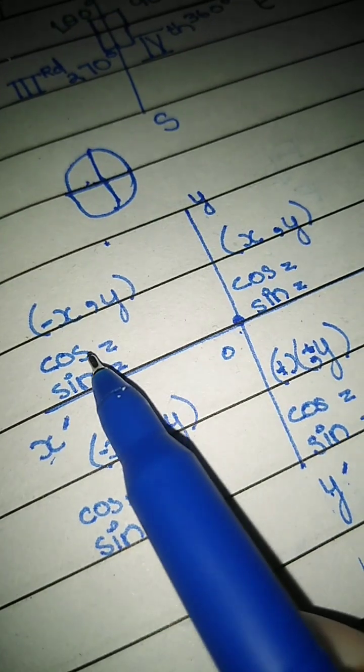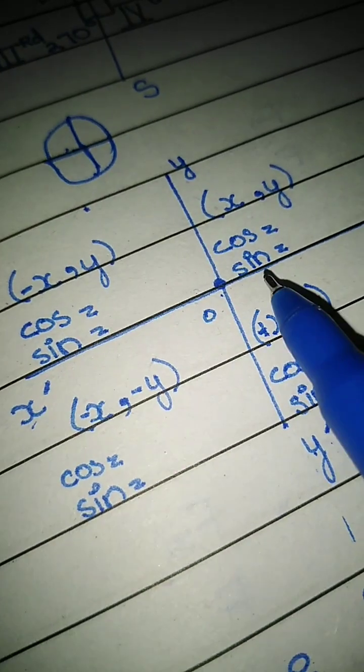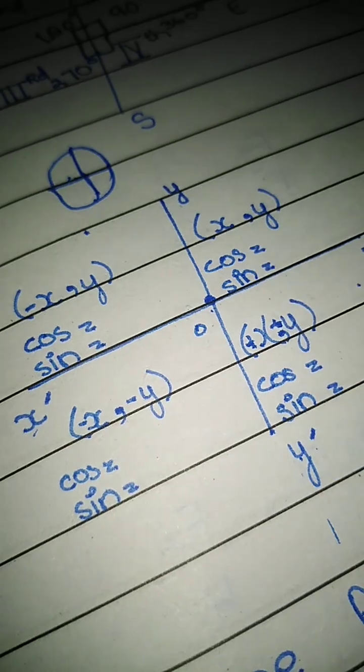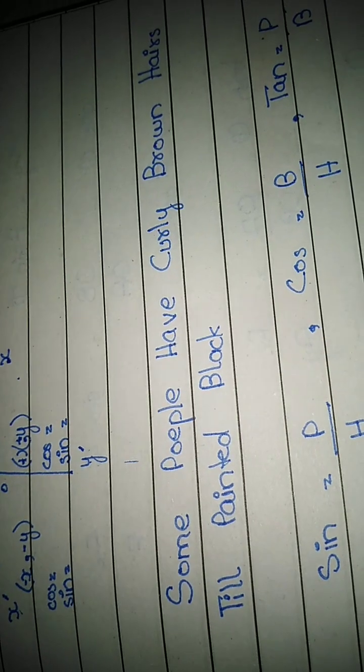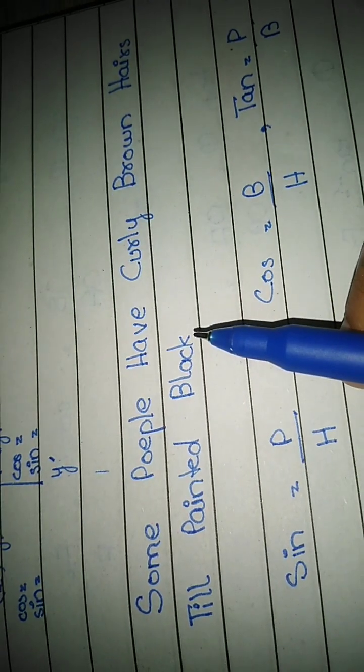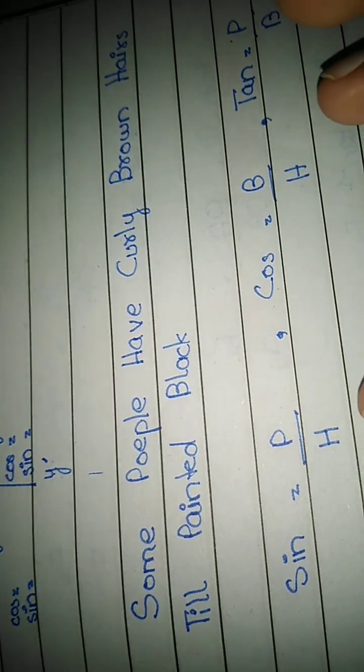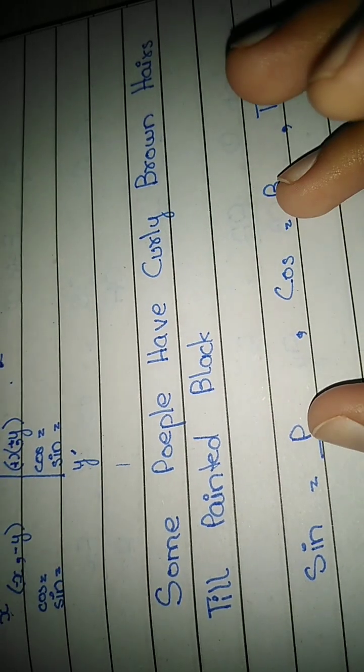Now we're going to talk about how cos, sin and tan work on these quadrants. First of all, we have to learn this phrase, the most usable phrase in trigonometric ratios: Some People Have Curly Brown Hair Till Painted Black. This sentence represents sine, cos and tan.